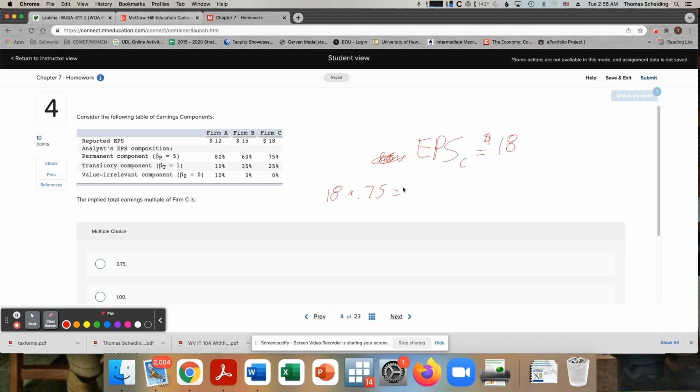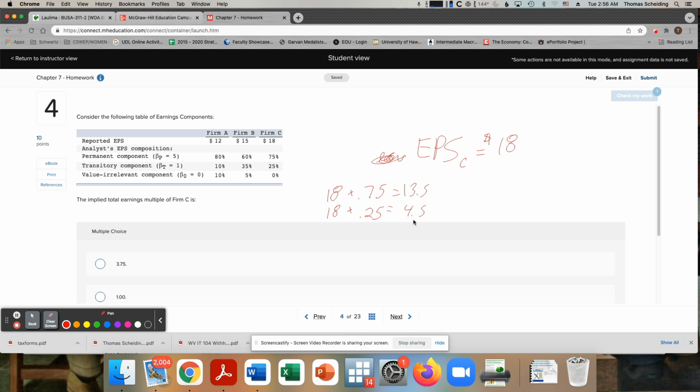So that's going to be 13.5. And then take that same $18 earnings per share and multiply it by the 0.25 for the transitory component. Should be 4.5. So these do add up to 18.